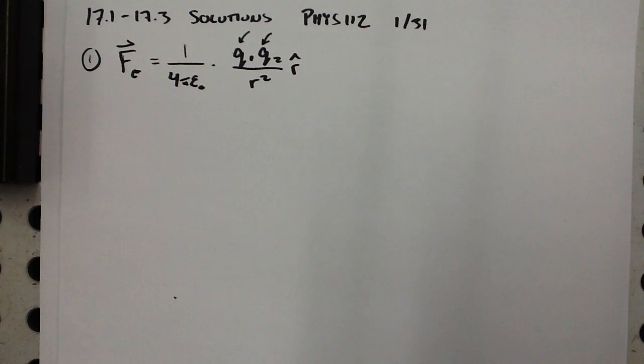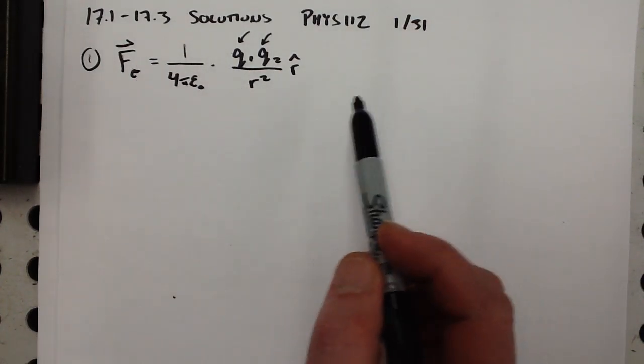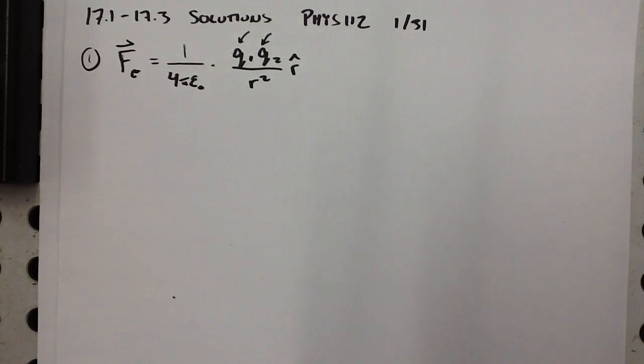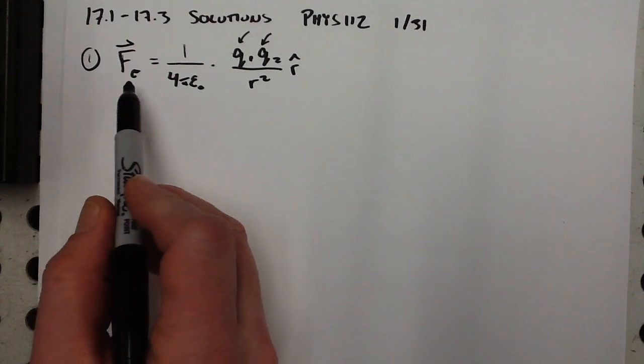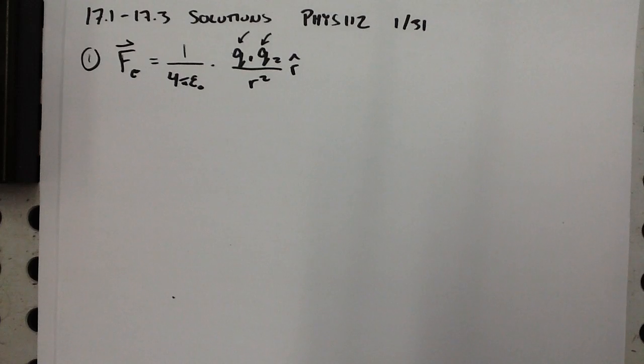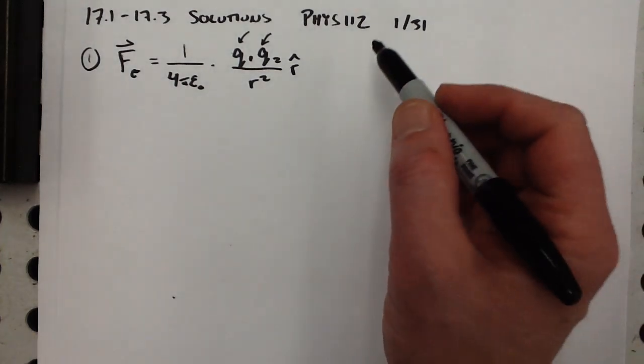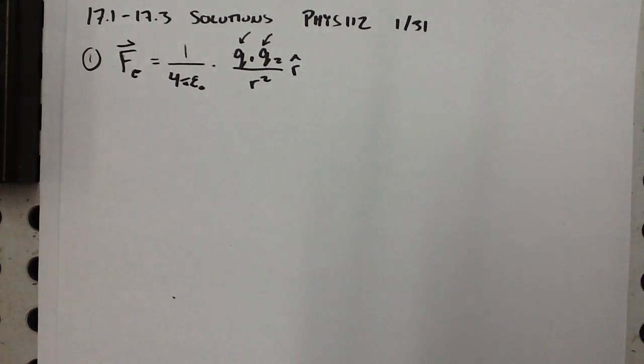There are other situations where you might have a charge distribution. These are some of the things you looked at in chapter 16, where there might be electric force as a result of lots of charges, or maybe a wire or a sheet that's charged. So this is just for 2-point charges, and all of those other things typically involve integrating some version of this with lots of charges distributed around.